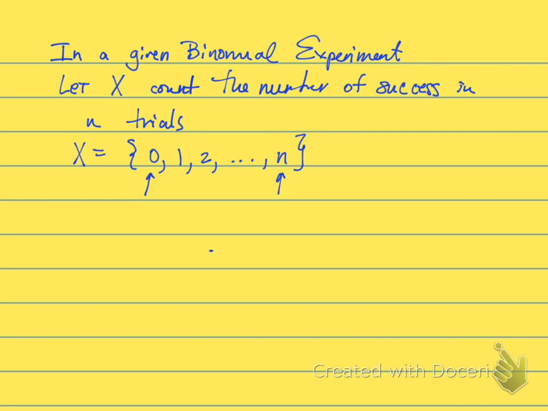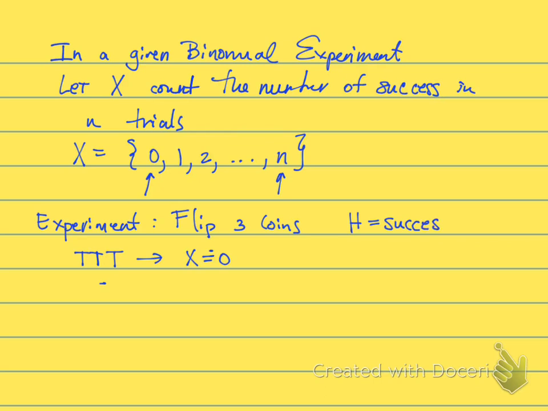So if we go back to our example, remember the experiment of flipping 3 coins. Tails, tails, tails would correspond to x equals 0, remembering that heads equaled success.